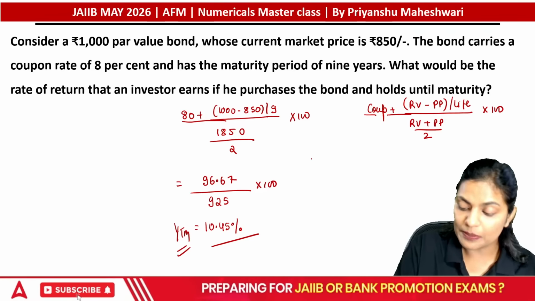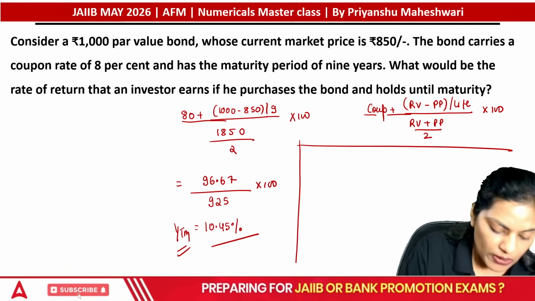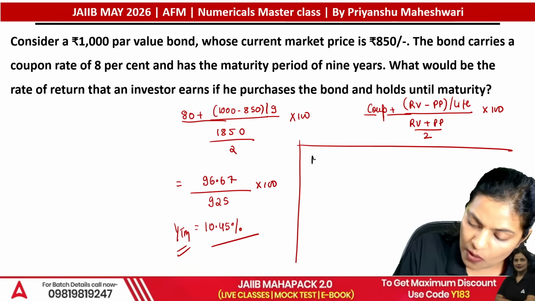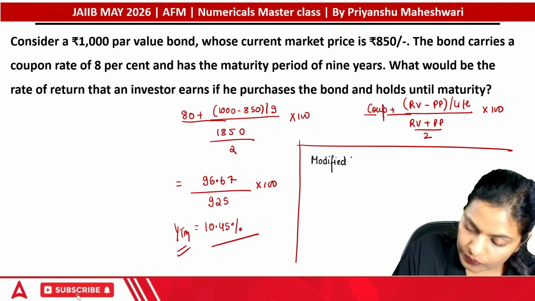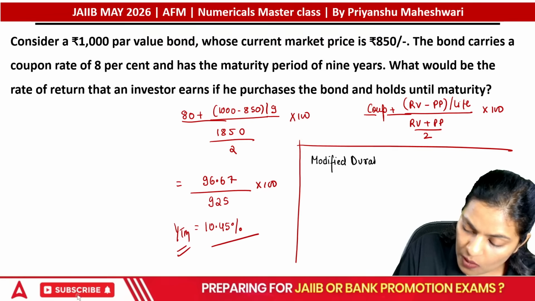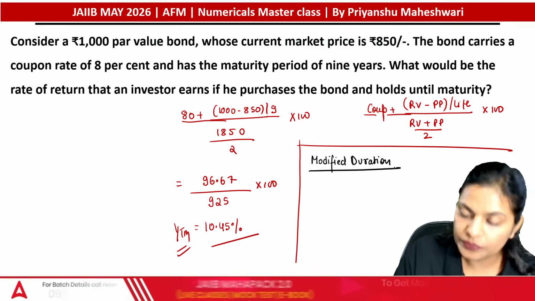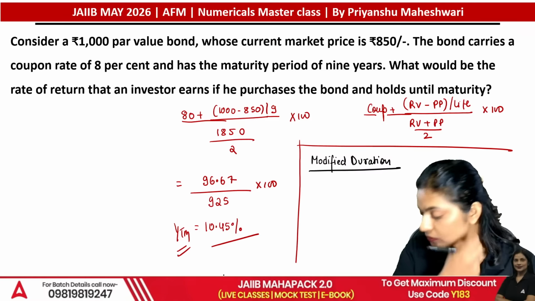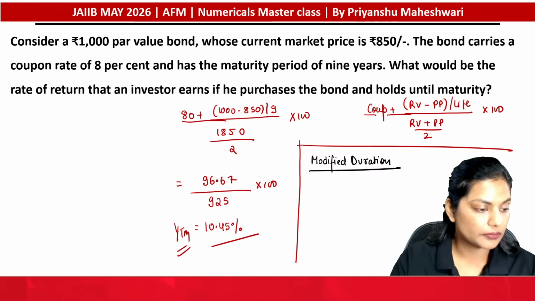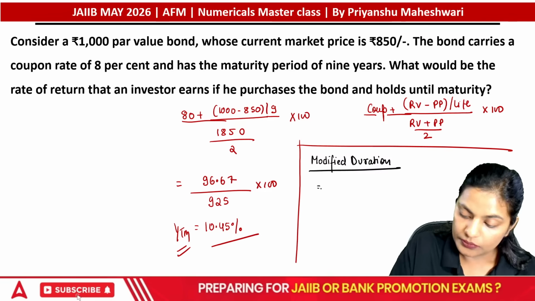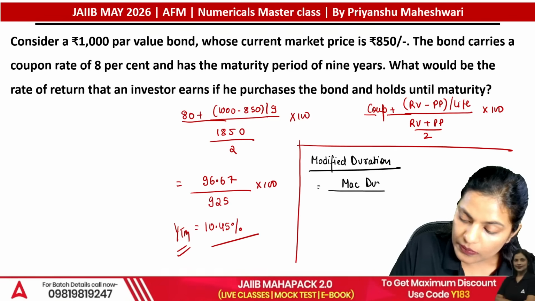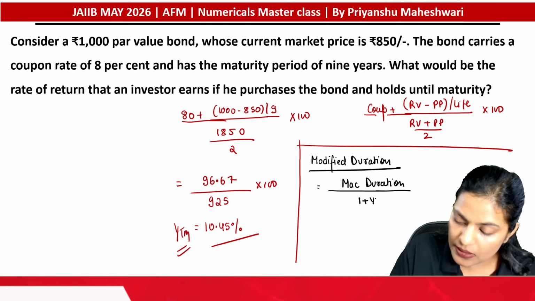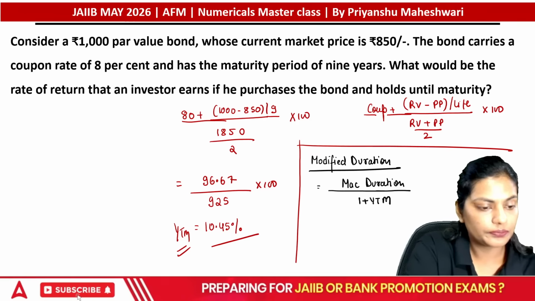Okay. Acha, tell me one more thing. If they ask you modified duration, what is the formula of modified duration? Macaulay duration divided by 1 plus YTM.